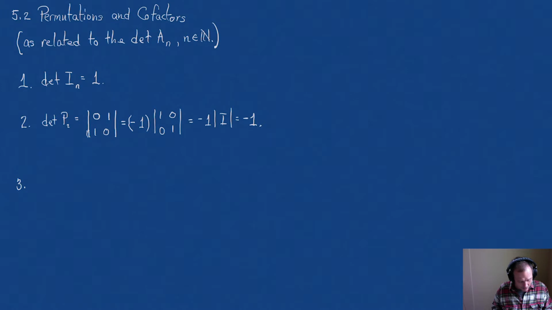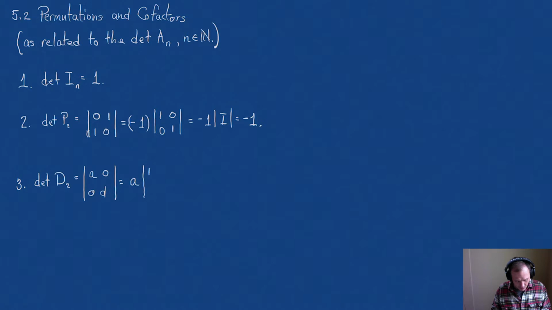Okay, the next one that we need, number 3, is the determinant of what I'm going to call a 2x2 diagonal matrix. In other words, it would look like something like this, A, 0, 0, D. Well, remember what we said. First, the determinant is linear by rows. So I can factor an A out of the first row.